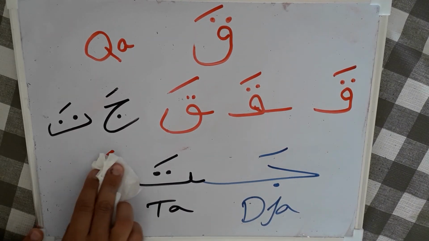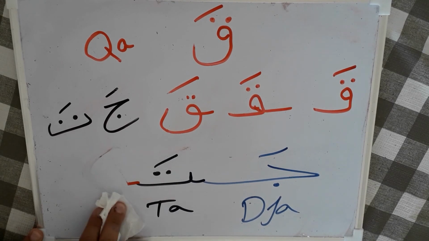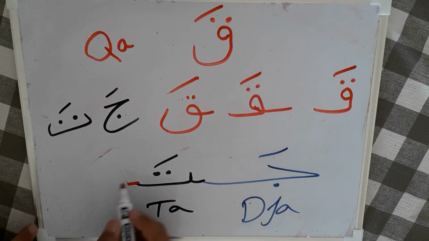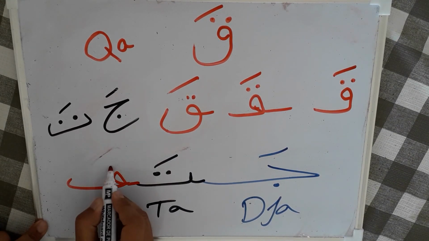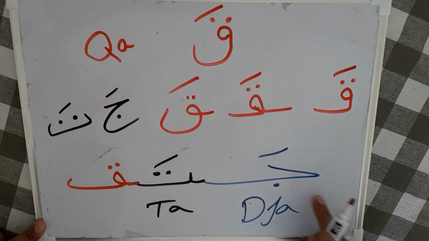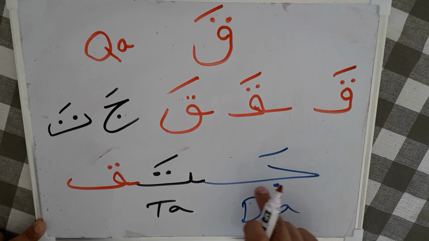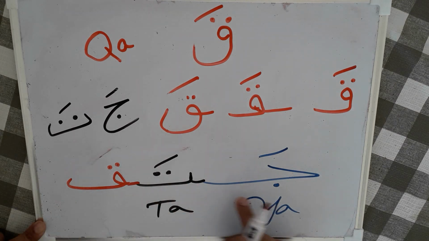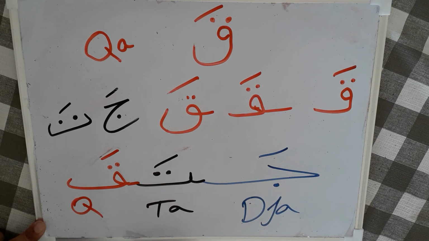Actually, I wouldn't write it like this. I would write it like this, because I have to be on the line. Pay attention, all of them on the line, like this. So this is the correct way. So, ja, ta, qa.